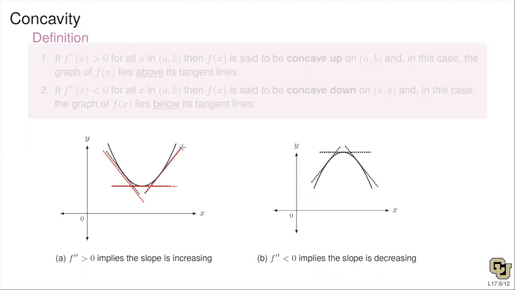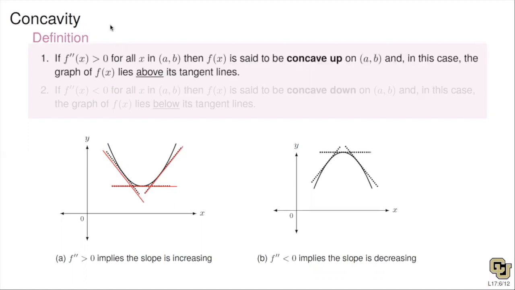So the slope goes from small to large. The slope is increasing. So when the second derivative is positive, we know the slope is increasing, then we'll have a concave up curve, and the curve will, in this case, lie above its tangent lines, just like this picture here.